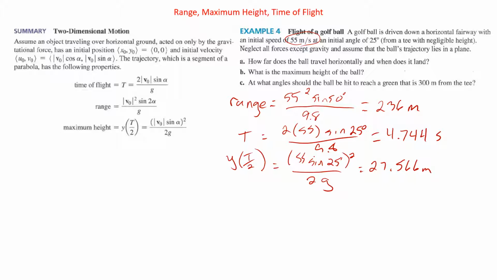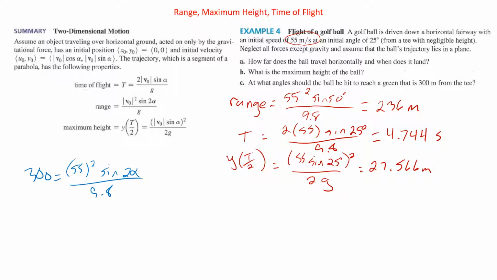And then at what angle should the ball be hit to reach a green that is 300 meters from the tee? So we want the range to be 300. We're still going to hit it at the same speed. I'll switch colors here. We're going to have 300 equal 55 squared sine of 2 alpha over 9.8.